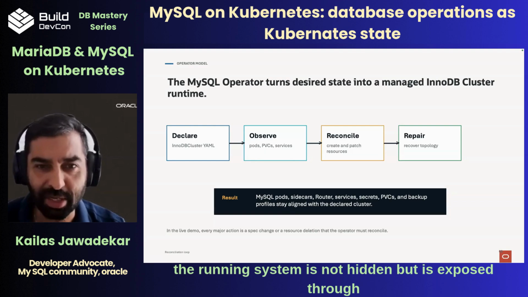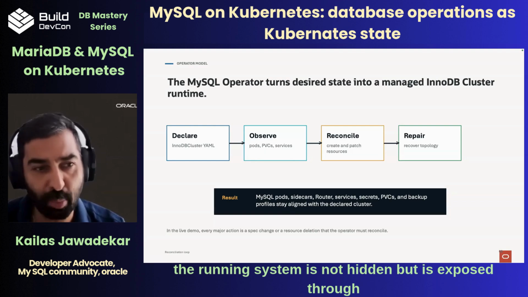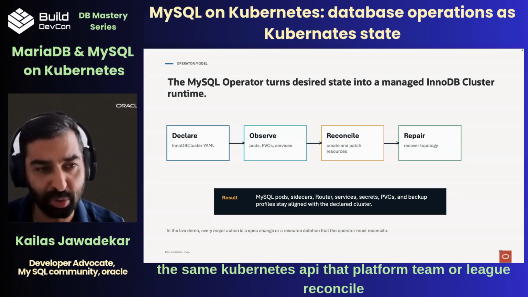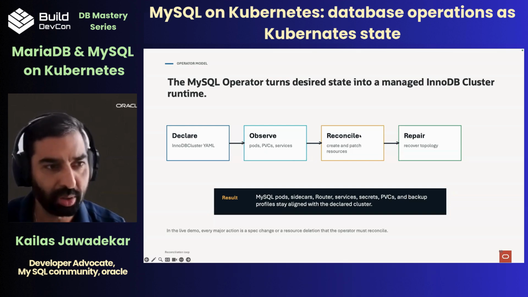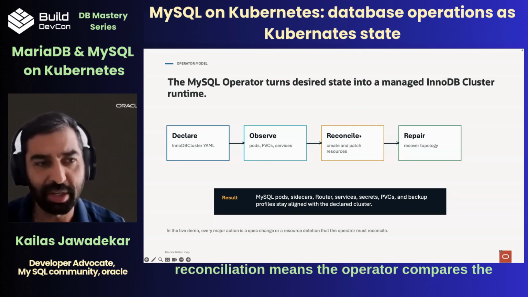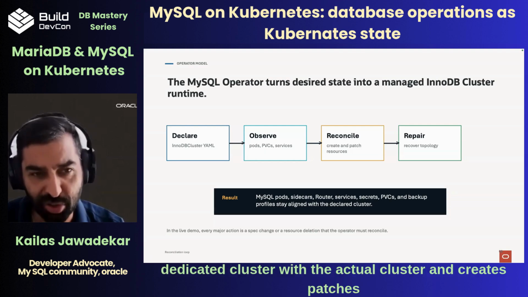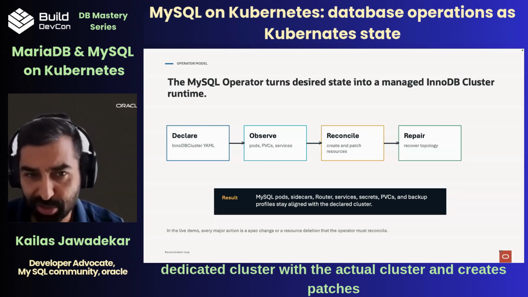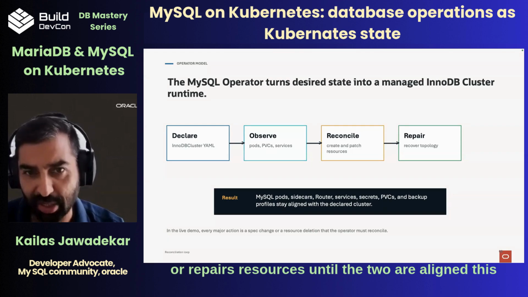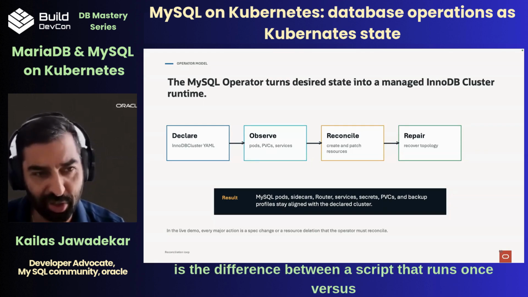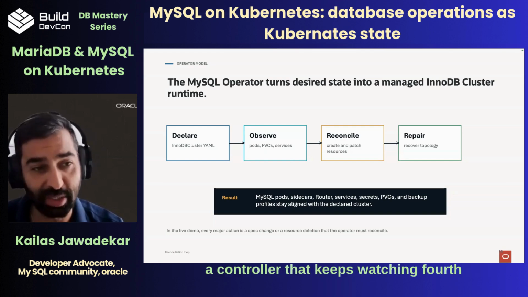The running system is not hidden, but is exposed through the same Kubernetes API that platform teams already use. Reconcile. Reconciliation means the operator compares the declared cluster with the actual cluster and creates, patches, or repairs resources until the two are aligned. This is the difference between a script that runs once versus a controller that keeps watching.